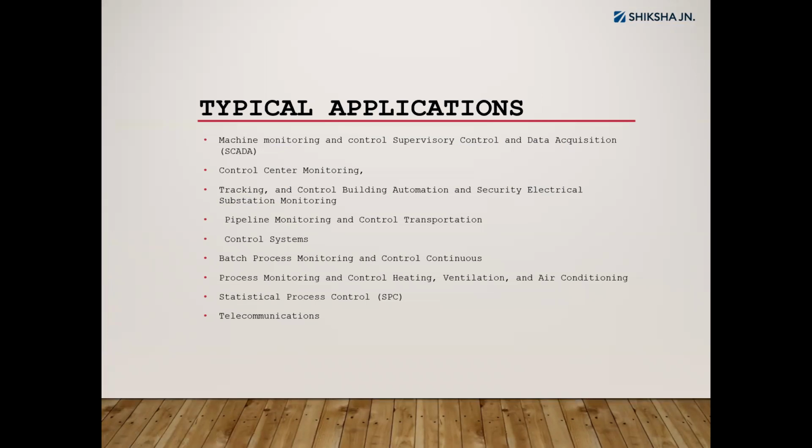Just like I was telling you, for monitoring systems or controlling from a particular corner, you can use it. Even for tracking and controlling building automation, security, electrical panels, substation monitoring systems, pipelines, be it a water pipeline or an oil and gas pipeline, monitoring systems, transportation controlling.